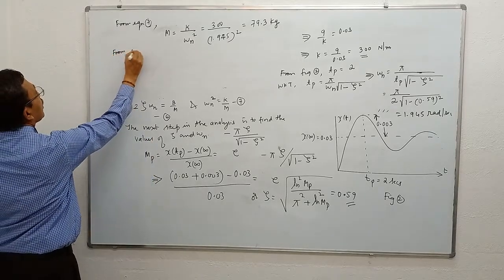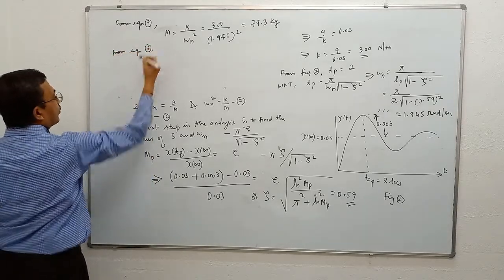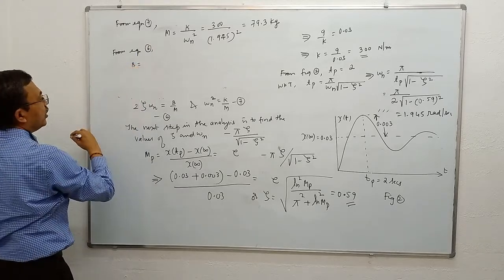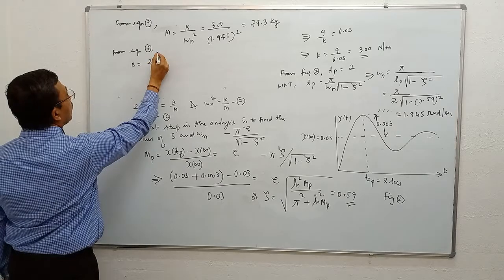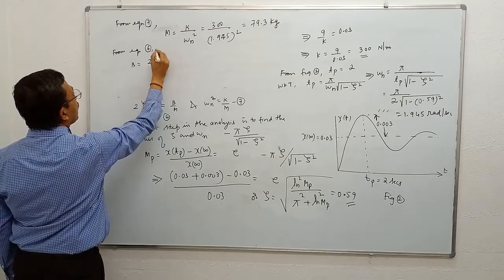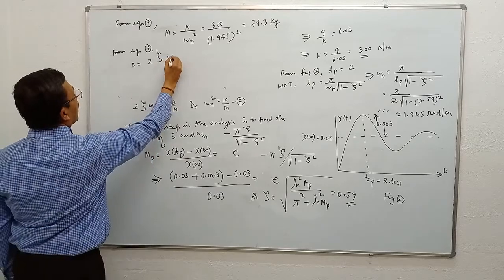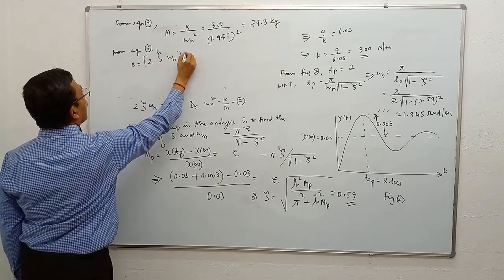From equation 6, what is B? B is equal to 2 times zeta into omega n multiplied by m.